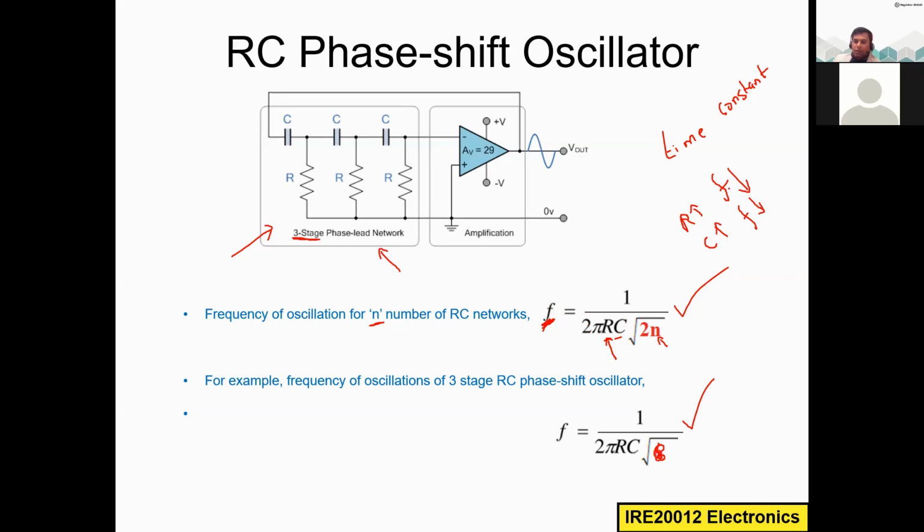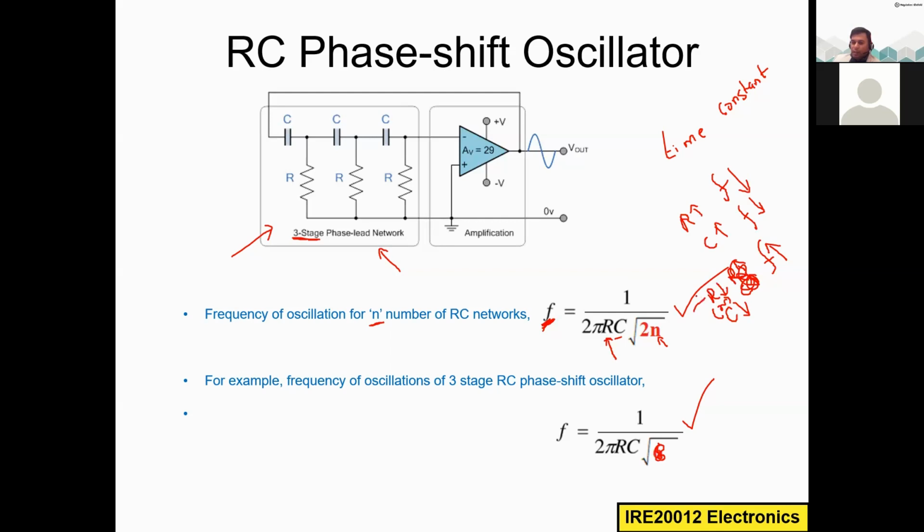But if you want to increase this frequency of oscillation, then what should you do? You have to decrease the resistor value, or decrease the C value. You can do either of these, or you can do both. If you decrease the resistor value, then the frequency of oscillation will increase.